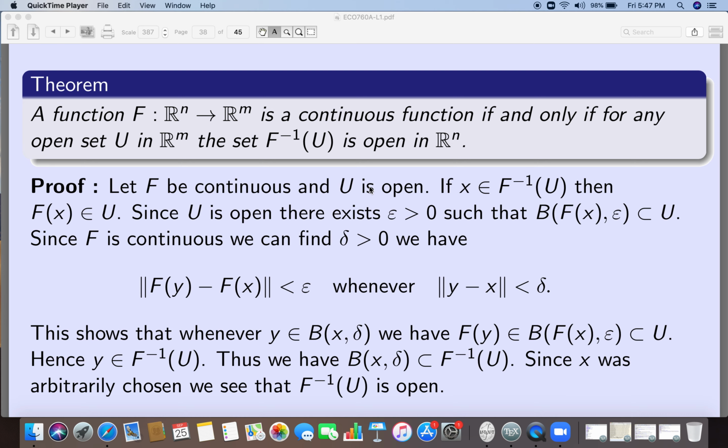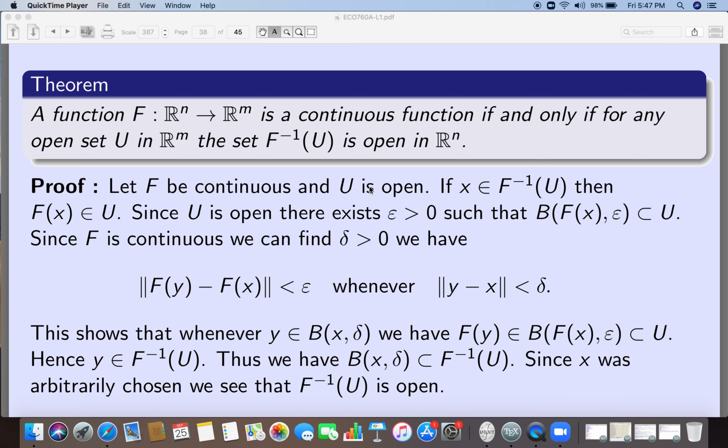A function capital F from Rn to Rm is continuous if and only if, for any open set U in Rm, F inverse of U, the inverse image, is an open set in Rn. Please understand, if you even take a single point x in Rm, F inverse of x is in general a set.